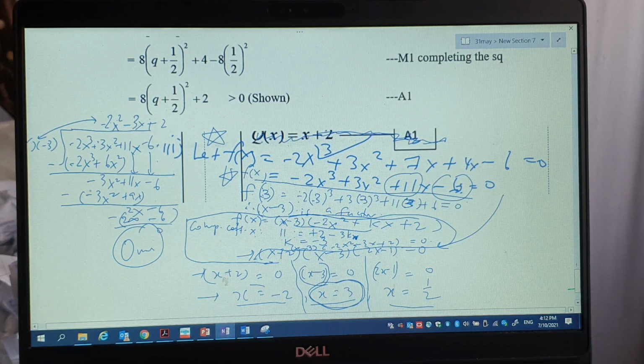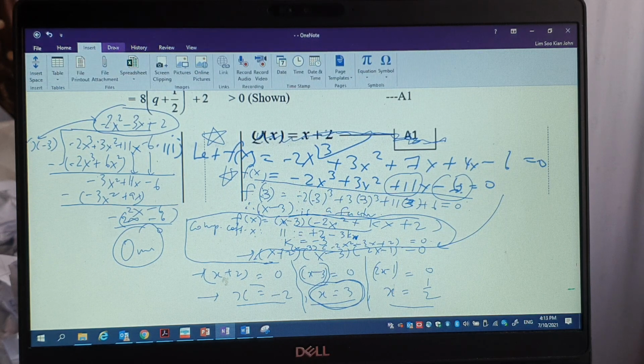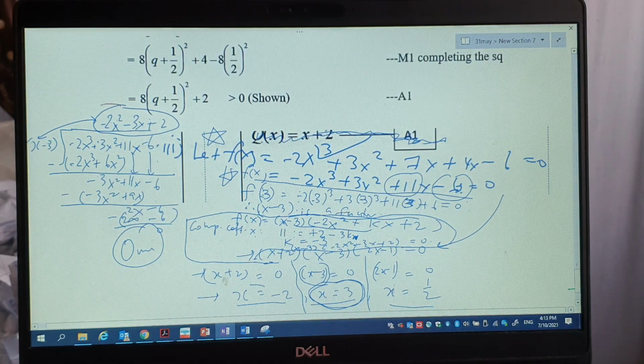If you don't put bracket, you make mistakes, okay? This minus this, this minus this. This minus becomes plus. This plus this is 0. Now, can you see that this, I use red pen, is the same as this that I've done just now?